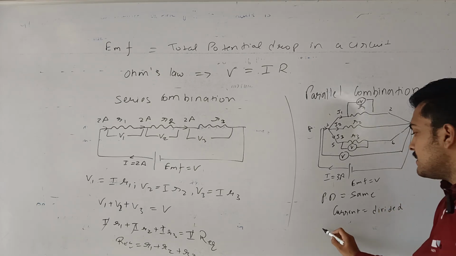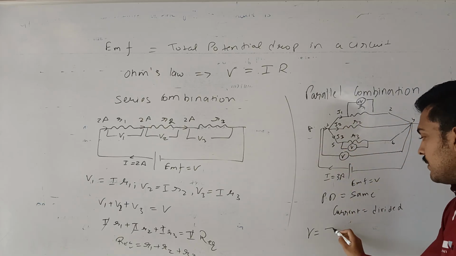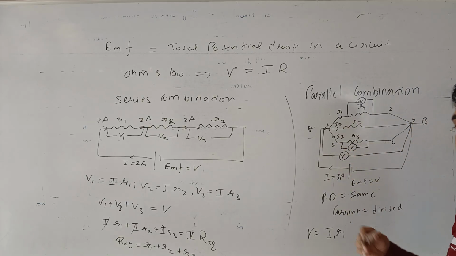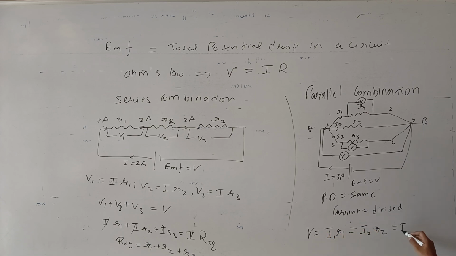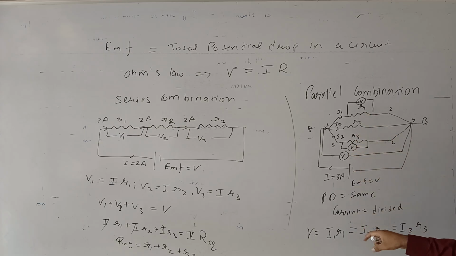Since the potential difference is the same, V is equal to I1 into R1, is equal to I2 into R2, is equal to I3 into R3, because potential difference is current times the resistance and it is the same across all three resistances. Therefore I1 R1 equals I2 R2 equals I3 R3.